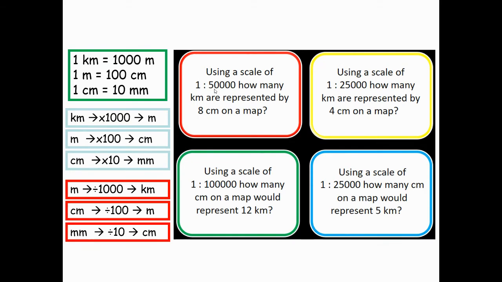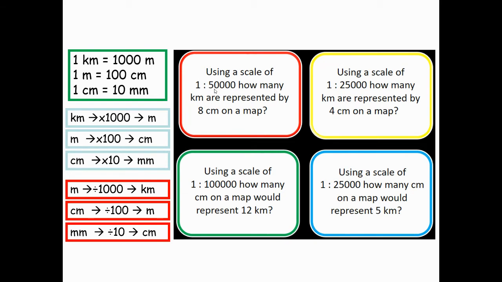So 8 times 50,000 using your calculator is 400,000. Okay, so in real life, that is 400,000 centimeters.